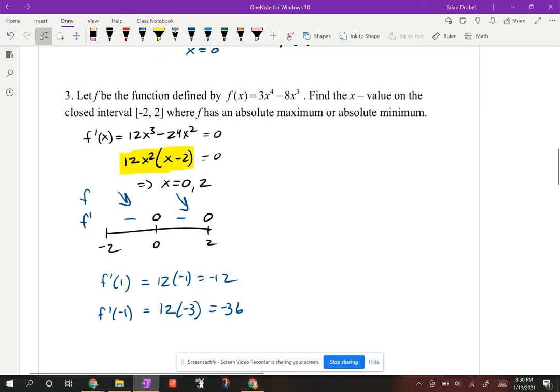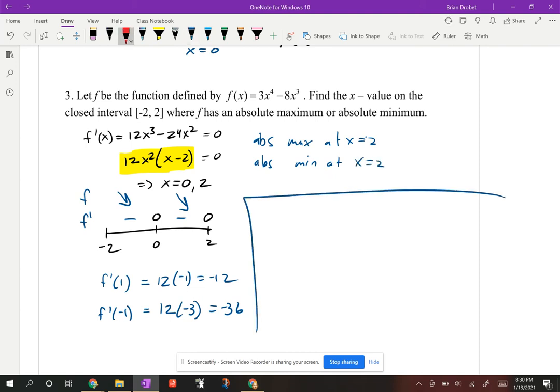So I'm going to have an absolute max at x equals -2, and an absolute minimum at x equals 2. Now, let me show you one other thing here, because when you have a continuous function on a closed interval, you might recall we have a theorem from last time called the extreme value theorem that guarantees I will have an absolute max and I will have an absolute minimum.